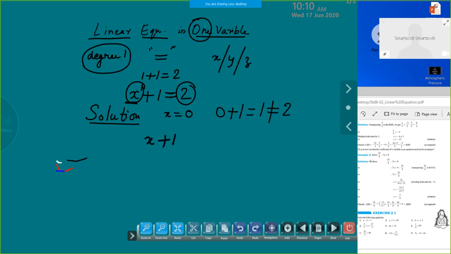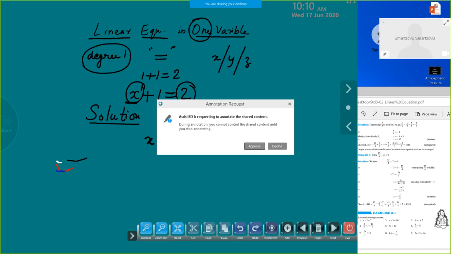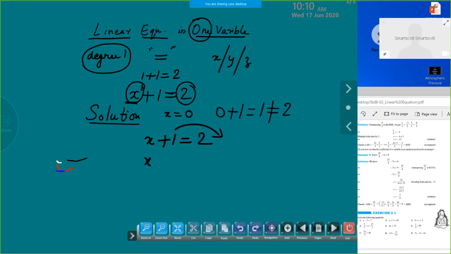To get the solution of this equation, you take the 1 to the other side. The sign will change to minus. So we get the answer as 1. This is our solution part. This is where we stopped last class.